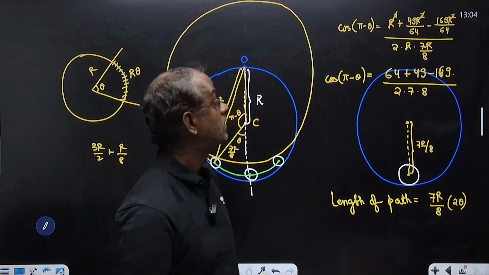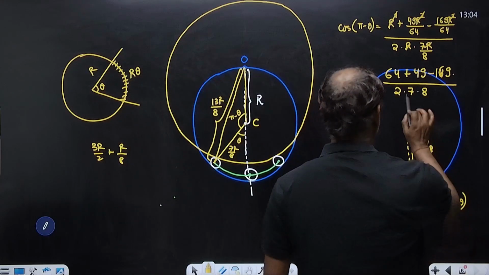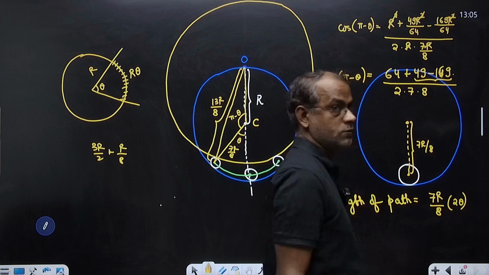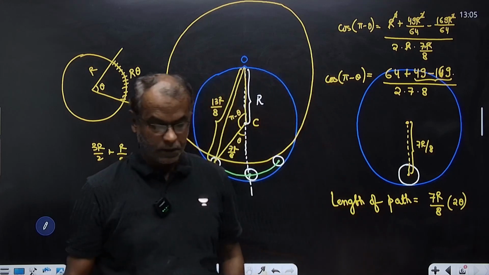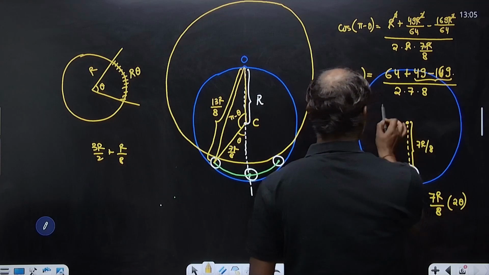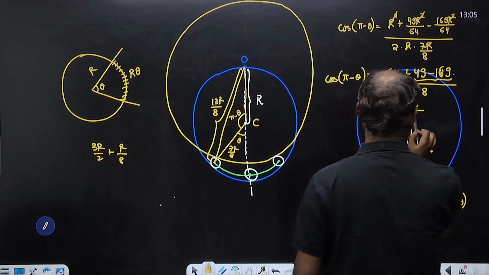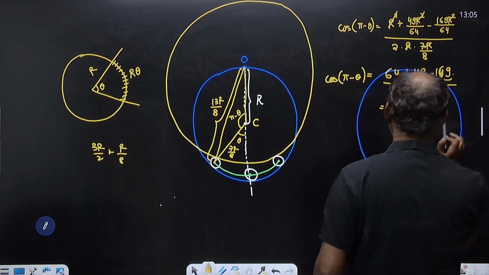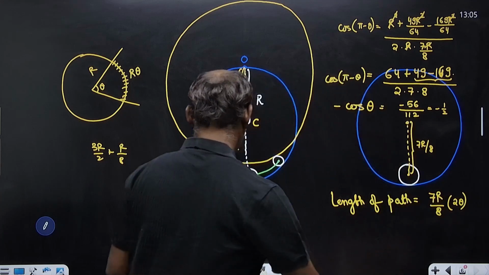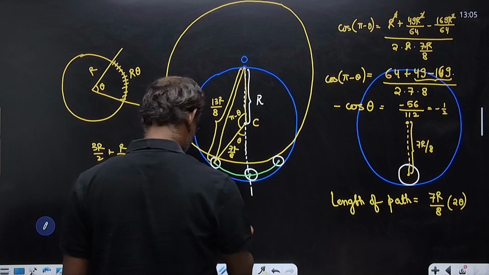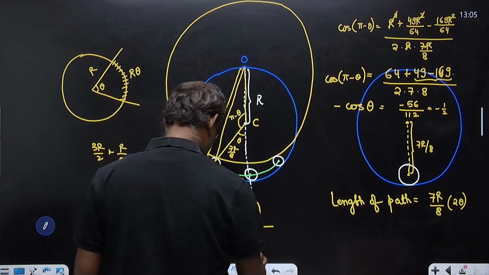We get 49 minus 169 is minus 120, 120 minus 64 is 56, so minus 56. This is minus 56 upon 112, which is minus half. What is cos of pi minus theta? Minus cos theta. So cos theta is half. I think now we can very safely say theta is pi by 3.